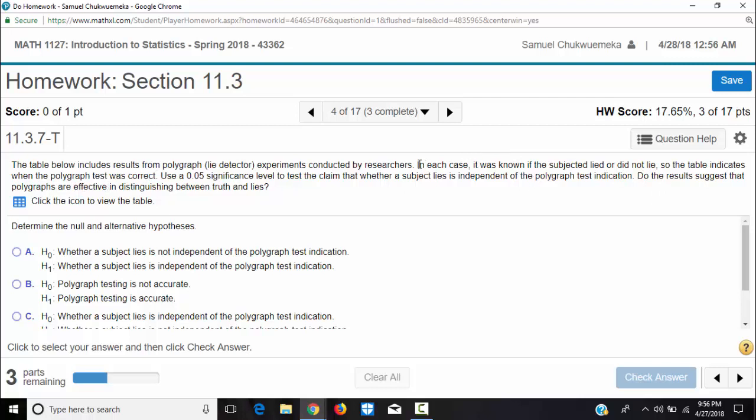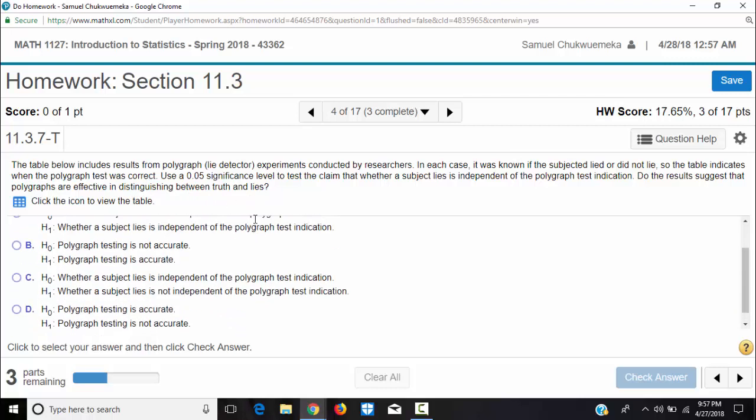I think there are some grammatical errors here. Now, use a 5% significance level to test the claim that whether a subject lies is independent of the polygraph test indication. Do the results suggest that polygraphs are effective in distinguishing between truth and lies?